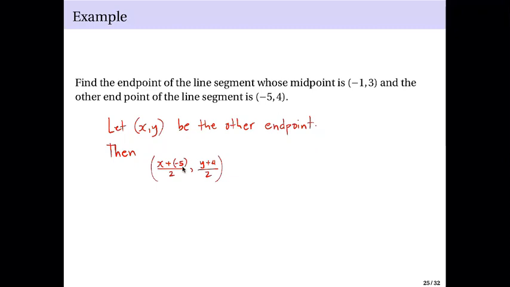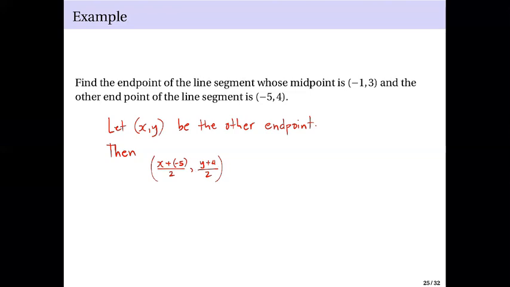This is the formula for the midpoint. The x coordinates, you add them and then divide by 2. The y coordinates, you add them and then divide by 2. So x plus negative 5 over 2, and then y plus 4 over 2. So this is the midpoint.